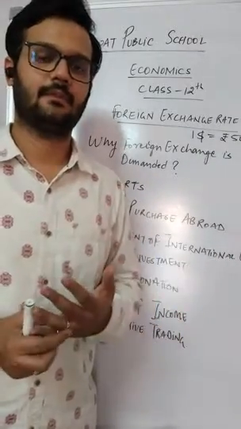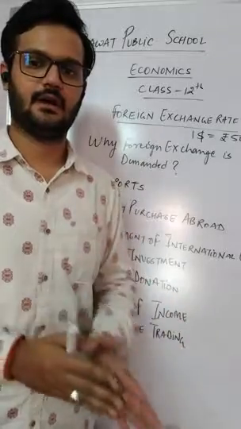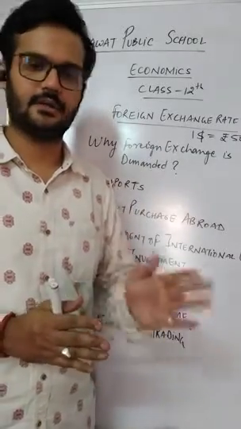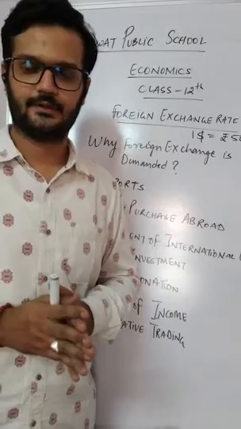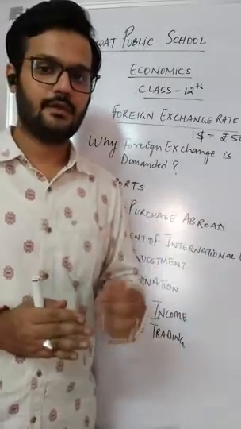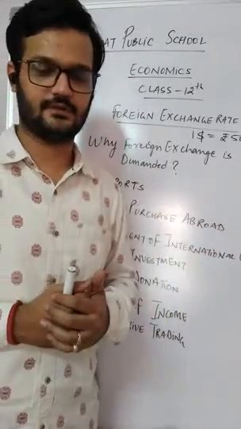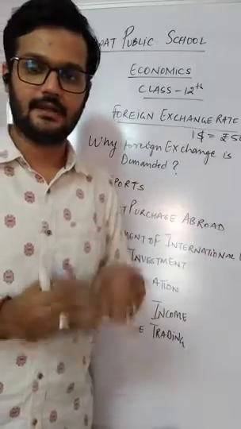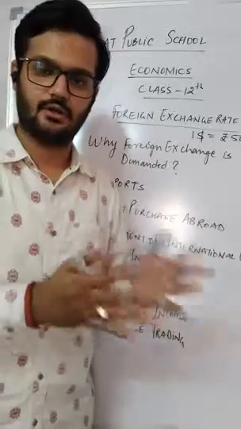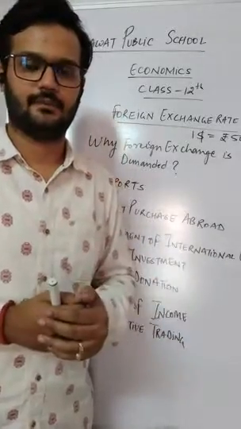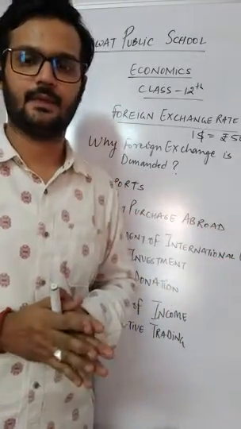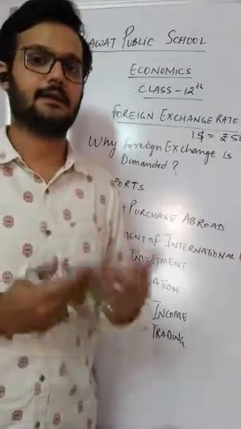For example, some years ago there was an earthquake in Nepal. If our government wants to help Nepal's government, they will offer a donation or grant. They'll say that we want to help you. But we can't help in our currency.